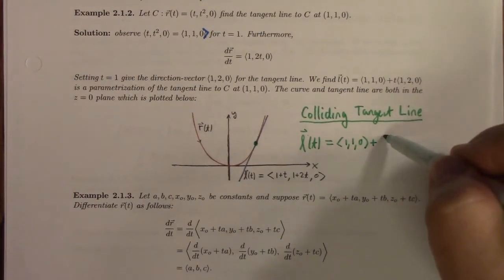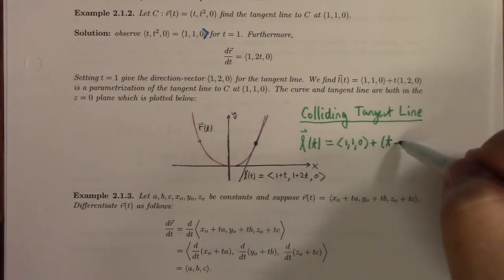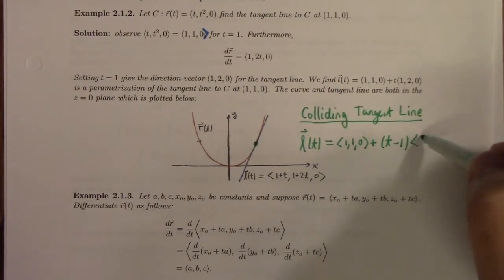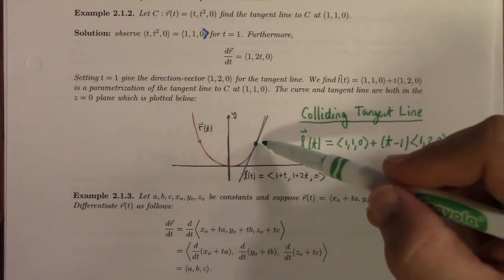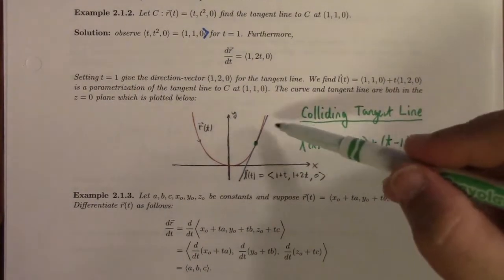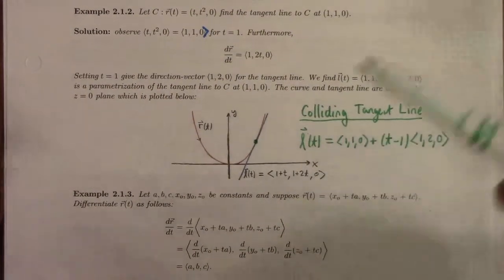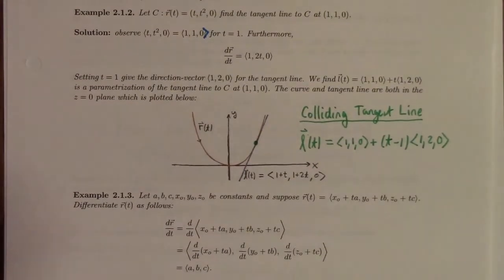And then you just do, instead of t, you do t minus 1, and everything else the same. So what that does is it just shifts the time for the tangent line such that when we get to time 1, the tangent line is at 1, 1, 0. So they collide. But anyway, there you go.